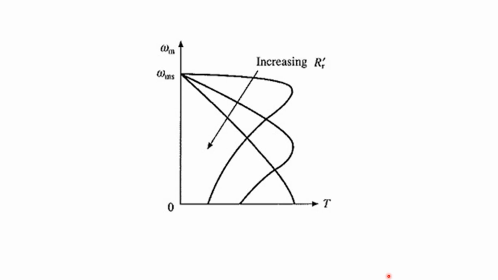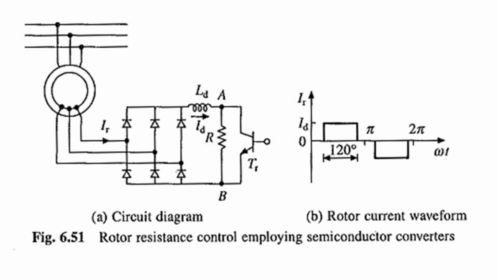The drawback of this method is that we have an additional resistor connected in the rotor, so I square R loss will be more and the efficiency will be reduced. This type of rotor resistance controller is useful in cranes and hoist drives. It will also be useful for smooth stepless control.